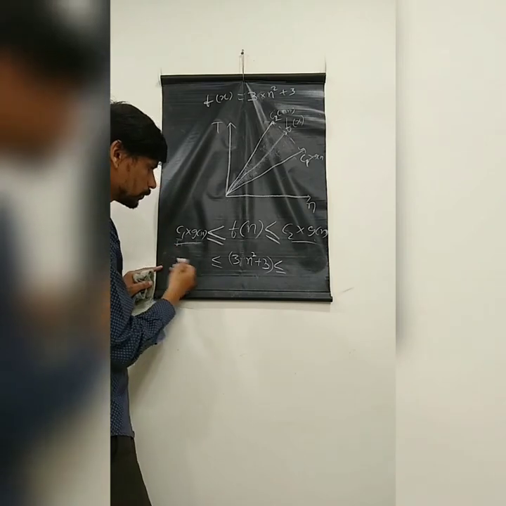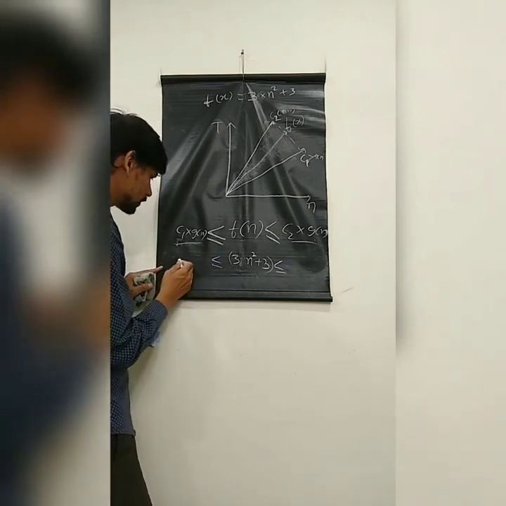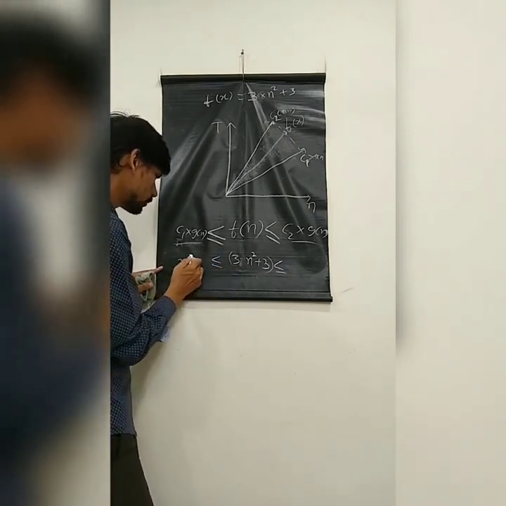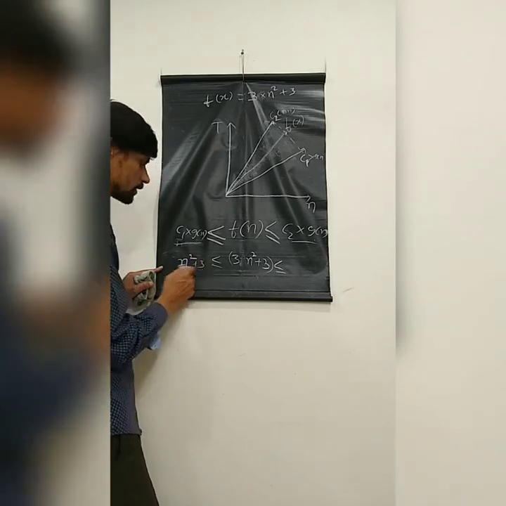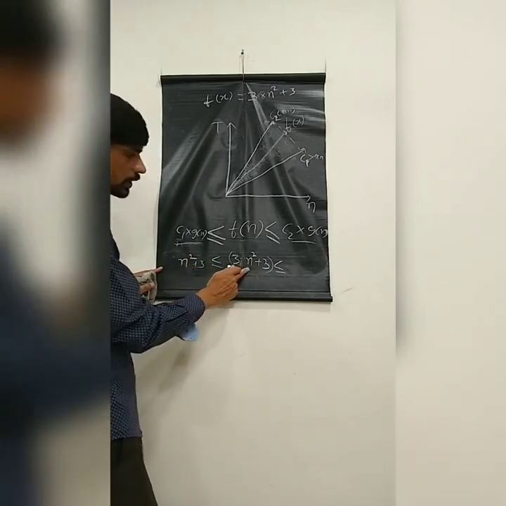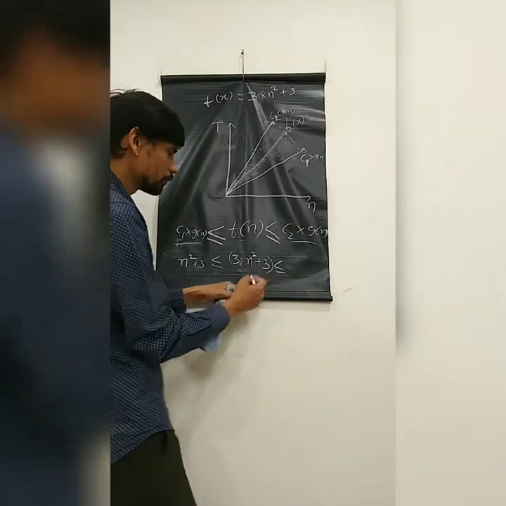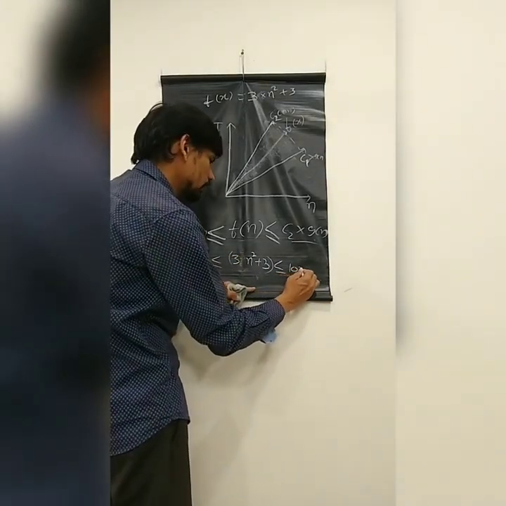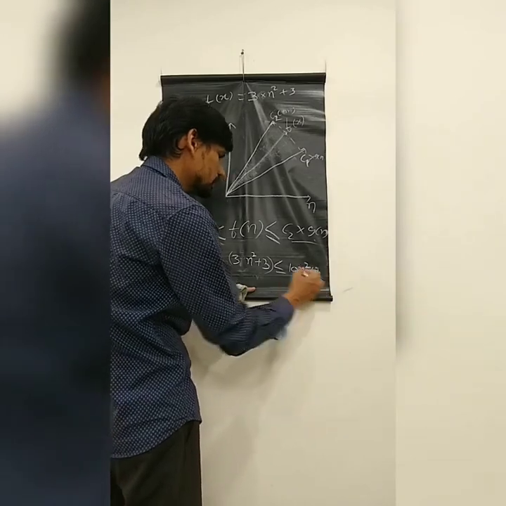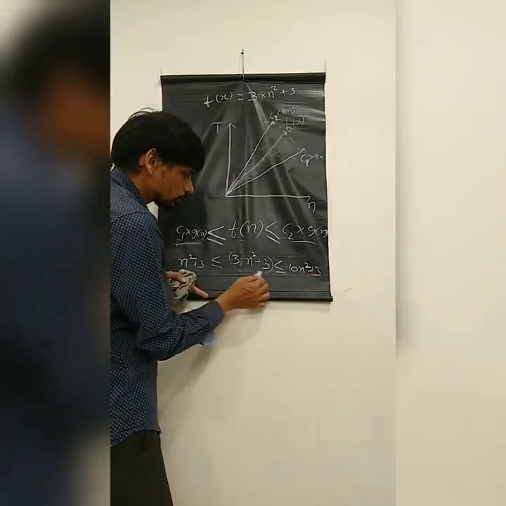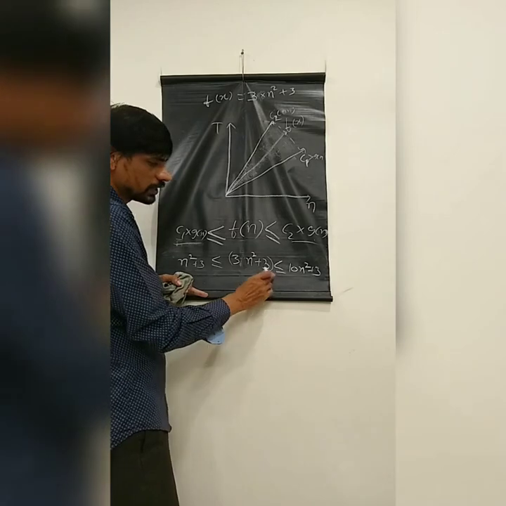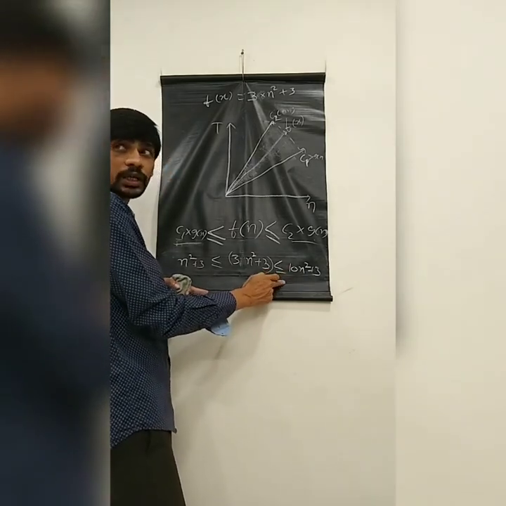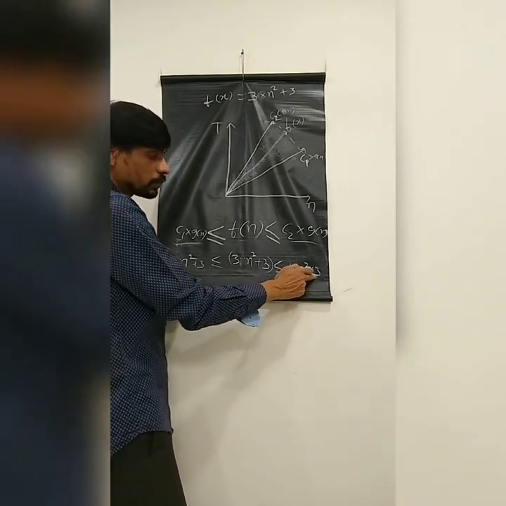So how can we use this? I will remove this 3 and simply make it n square plus 3, which is always lesser than or equal to 3n square plus 3. And in the same way, instead of 3, let's place 10n square plus 3, so that 3n square plus 3 is always lesser than or equal to 10n square plus 3.